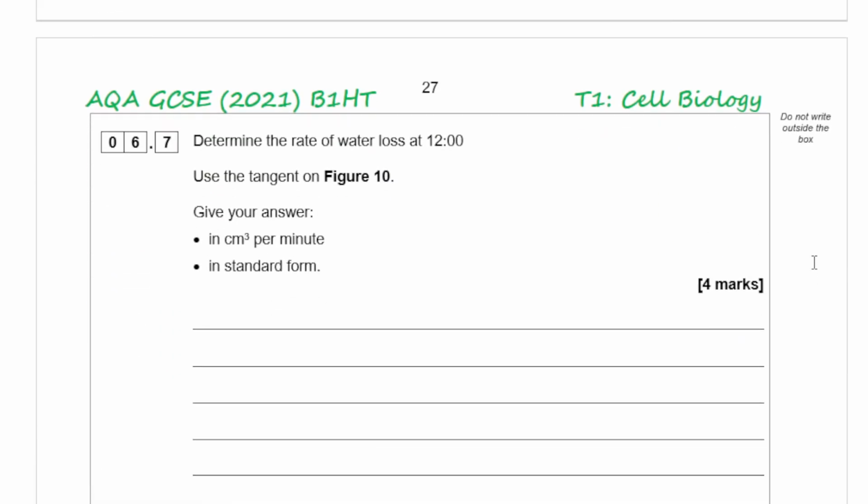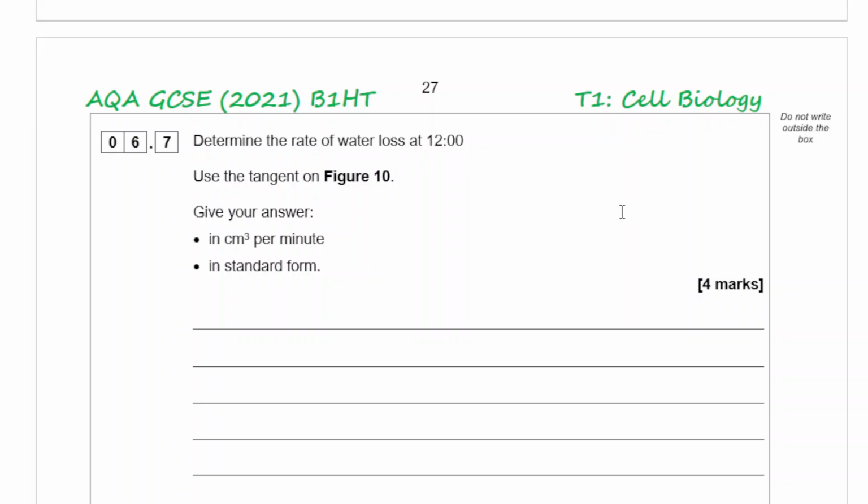Determine the rate of water loss at 12 o'clock. Use the tangent on figure 10. Give your answer in centimeter cube per minute in standard form.